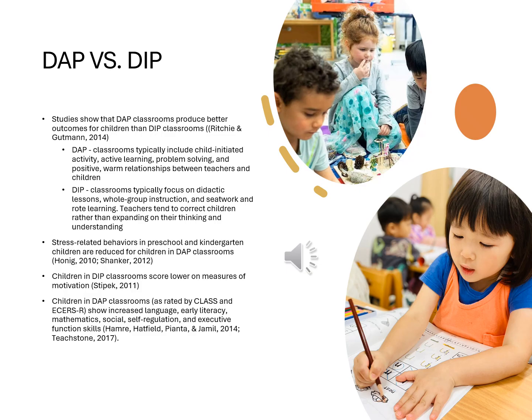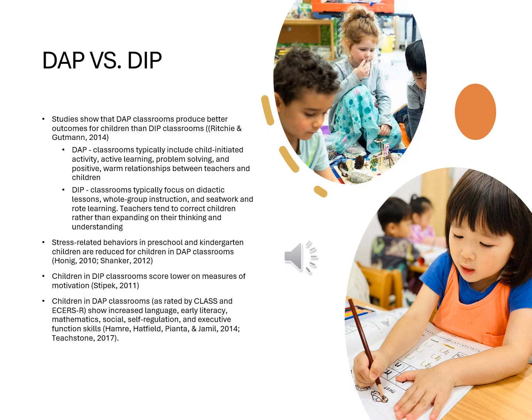So appropriate is typically referred to as DAP, developmentally appropriate practice, and things that are considered to be more inappropriate are sometimes referred to as DIP, developmentally inappropriate practice. And again, it's not that hard of a continuum, but I do want you to know that things that are considered to be developmentally appropriate do have research data to support that.